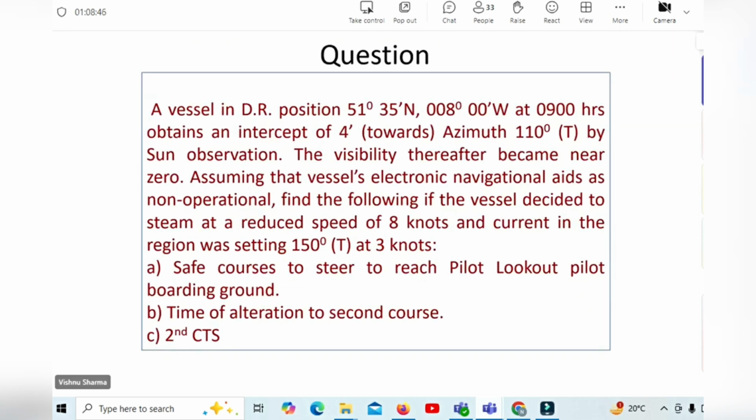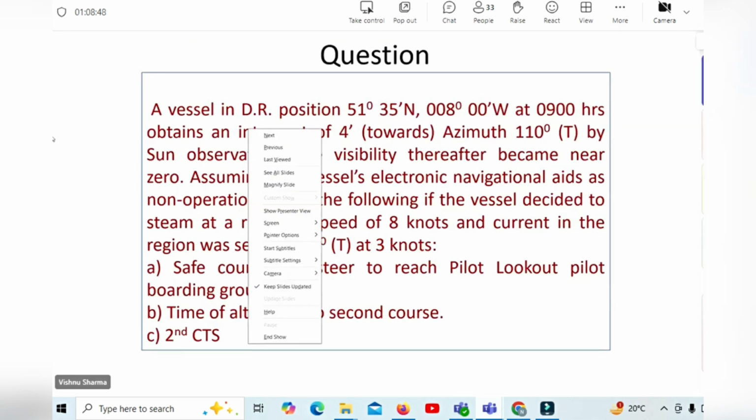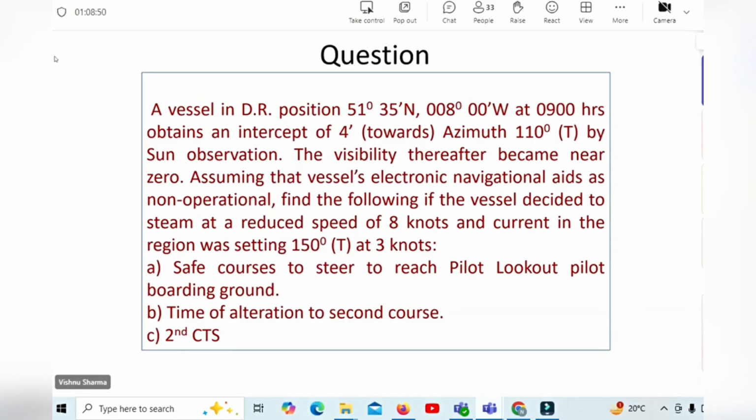Okay, now guys, do this question. Read this question. This is already in the assignment I've shared with you. A vessel is in DR position 51 degrees 35 minutes north, 8 degrees west at 900 hours, obtains an intercept 4 miles towards azimuth 110 by the sun's observation.